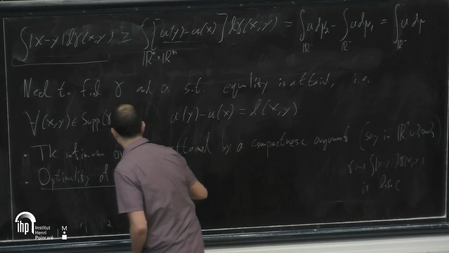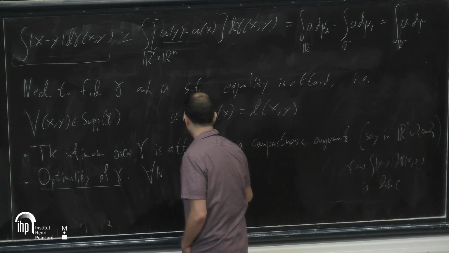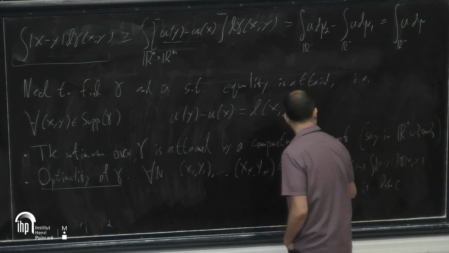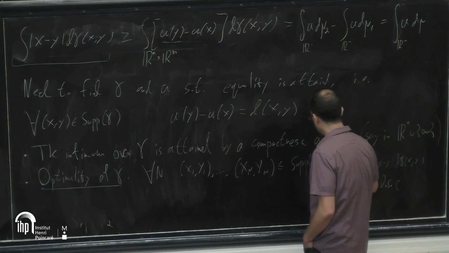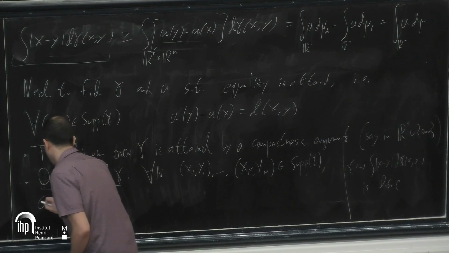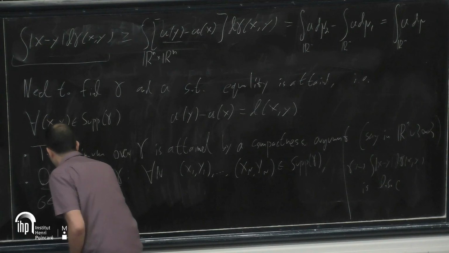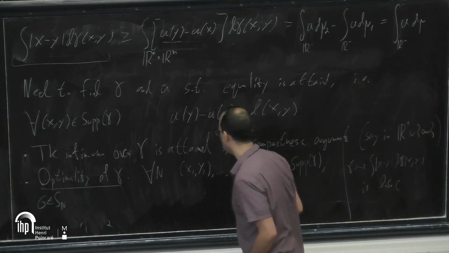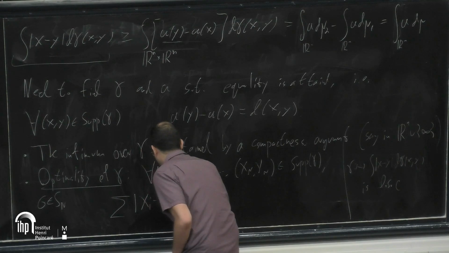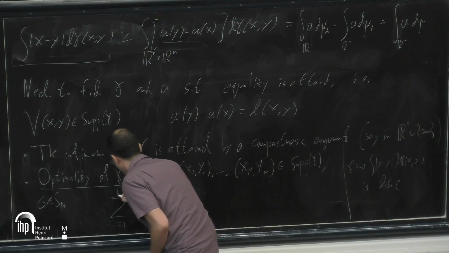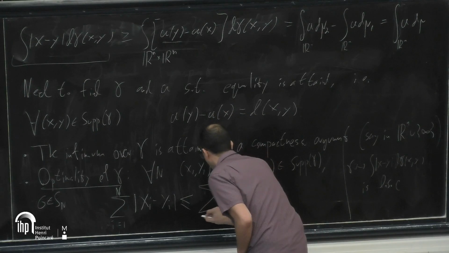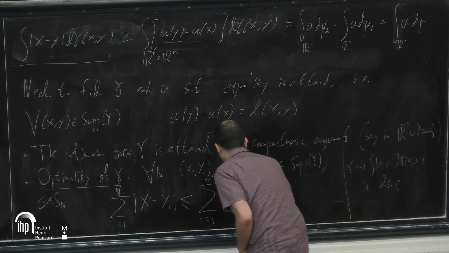So the claim is that if we take any pairs of points in the support of gamma, and any permutation sigma, the claim is the following: if I look at the cost of transporting xi to yi, this would be at most the cost of transporting xi to y sigma of i, in the permuted manner.